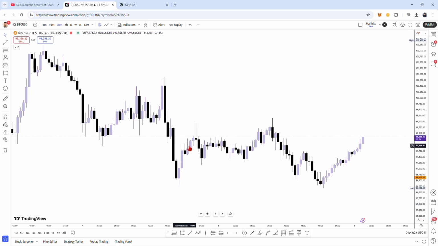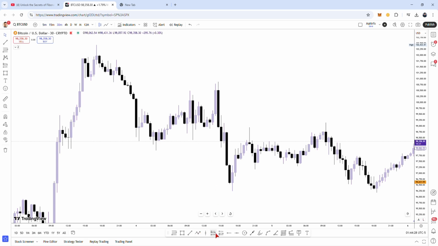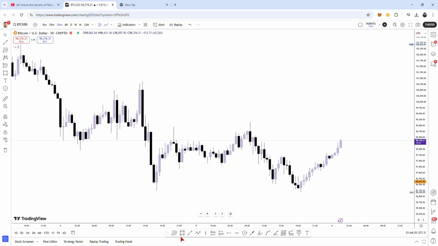So in this case, let us test this analysis from swing high to swing low. Here we have the swing high and the swing low.